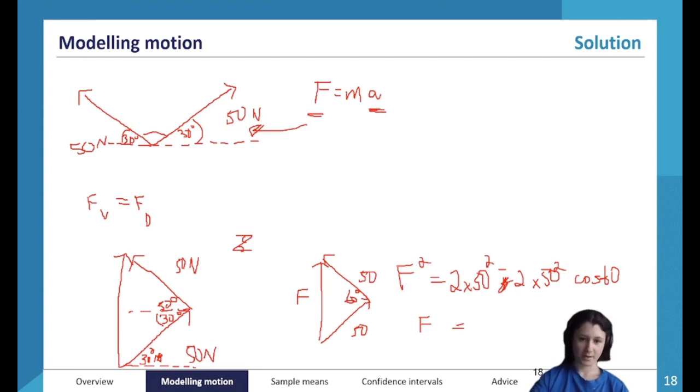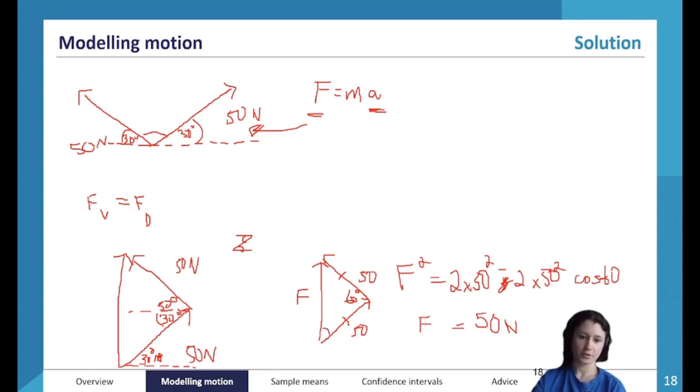We get an answer of 50 newtons. Alright. So, you could have even figured that out considering that this is an isosceles triangle.